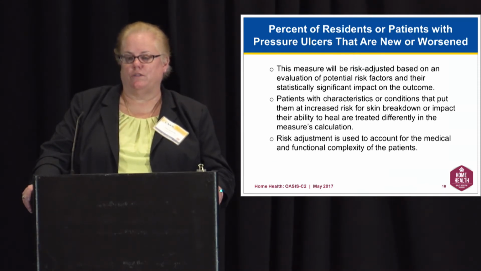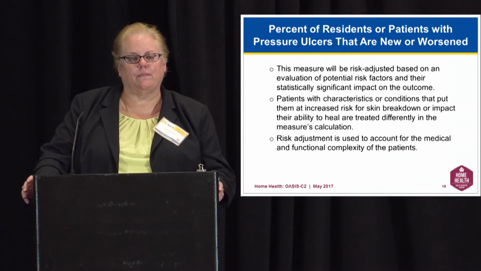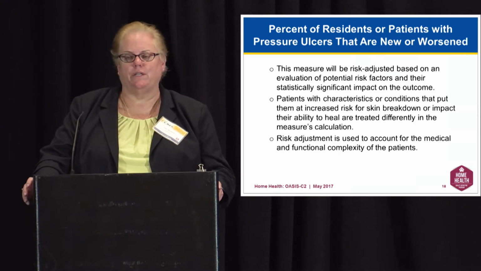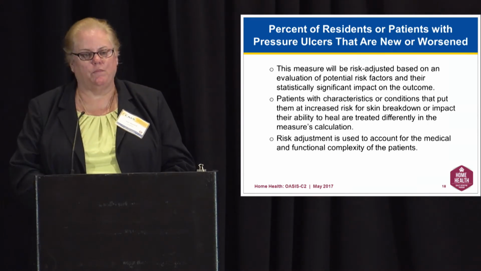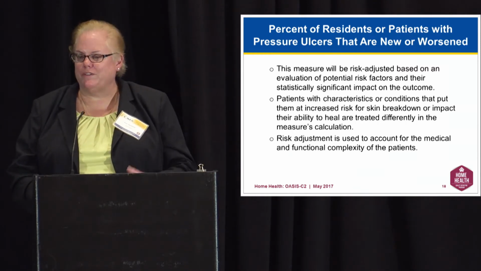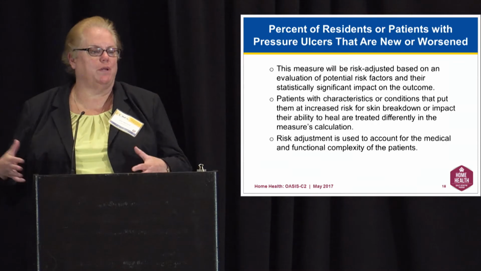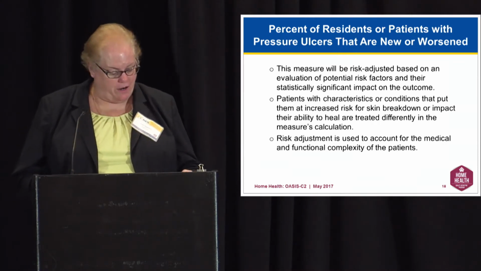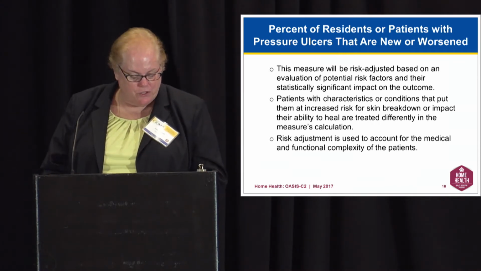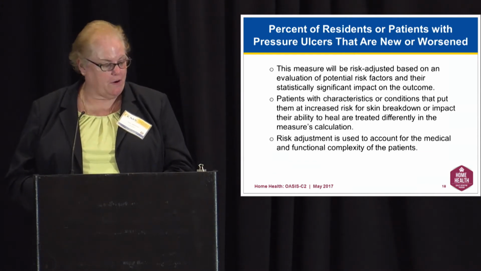Someone in relatively good nutrition, who is up and about, continent, and has reasonable mobility to weight shift would be very different from someone with poor nutrition who was immobile. Think about it that way. It just logically makes sense. That person would be more dependent and certainly higher risk. The risk adjustment is used to account for the medical and functional complexity of our patients.